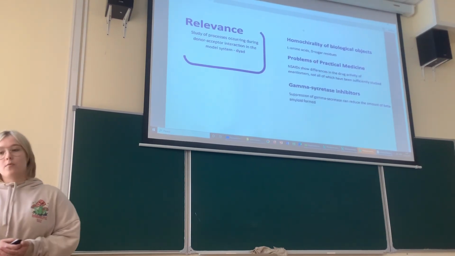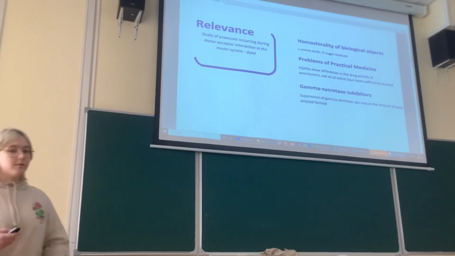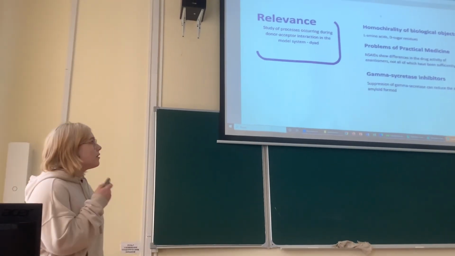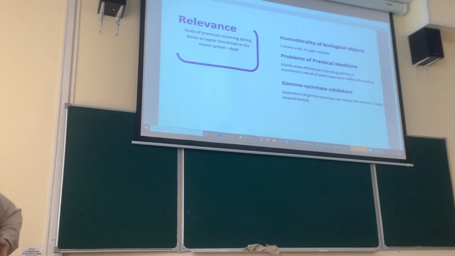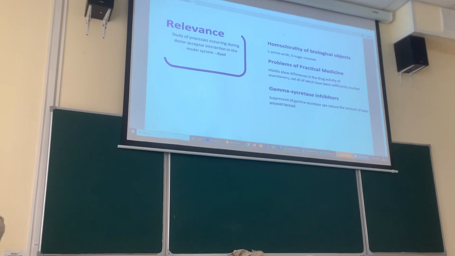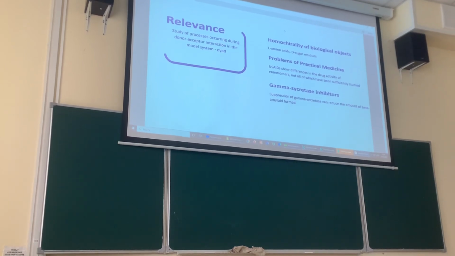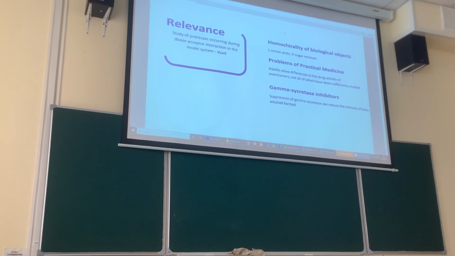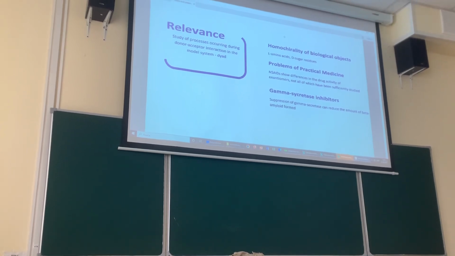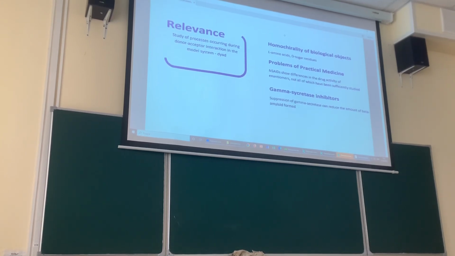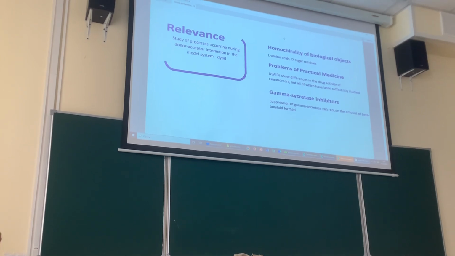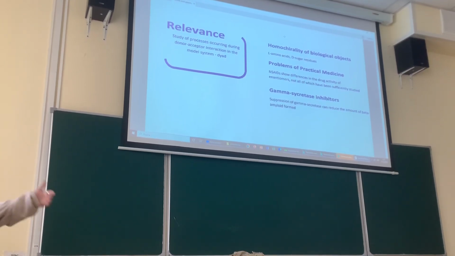Well, a few words about my work, why it is important. First of all, we need to study homochirality, why it appears and how dimers can change their structure through the life cycle. Then there is the problem of practical medicine, because NSAIDs, non-steroidal anti-inflammatory drugs like ketoprofen, influence our organism, and L and D isomers can influence it in a different way.